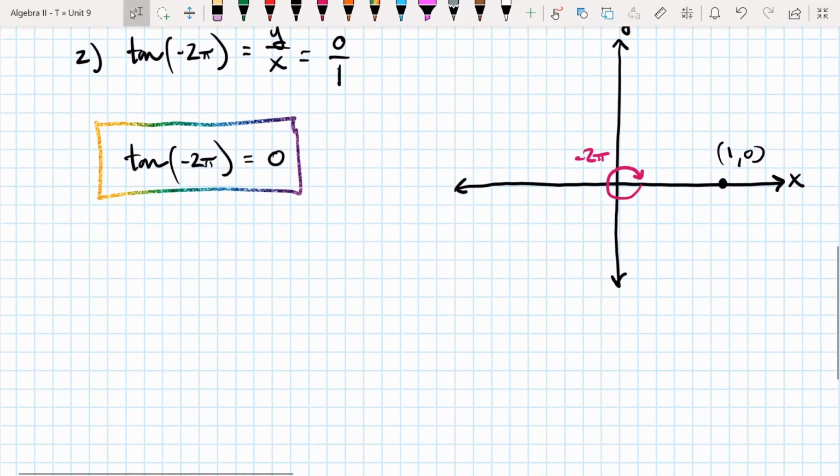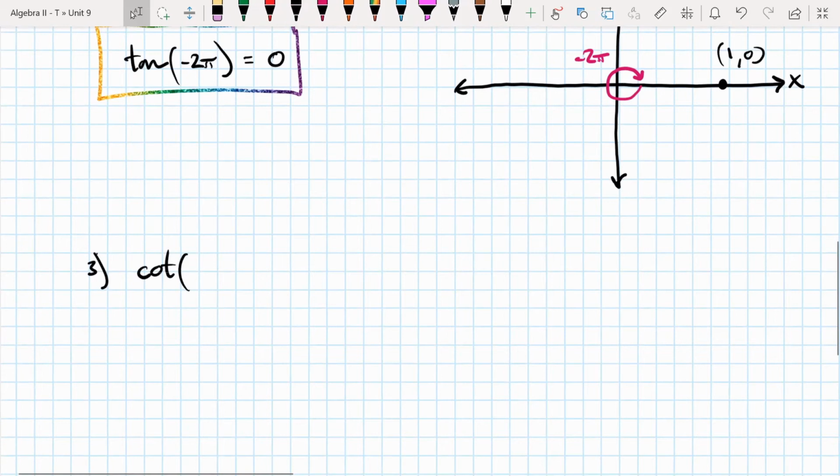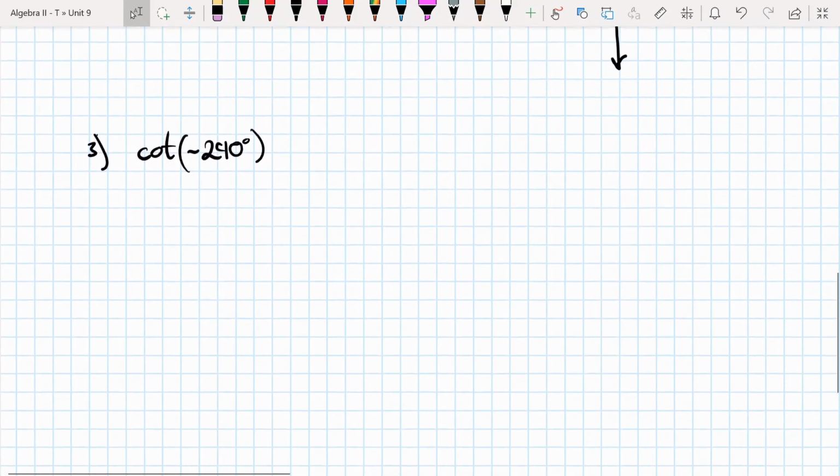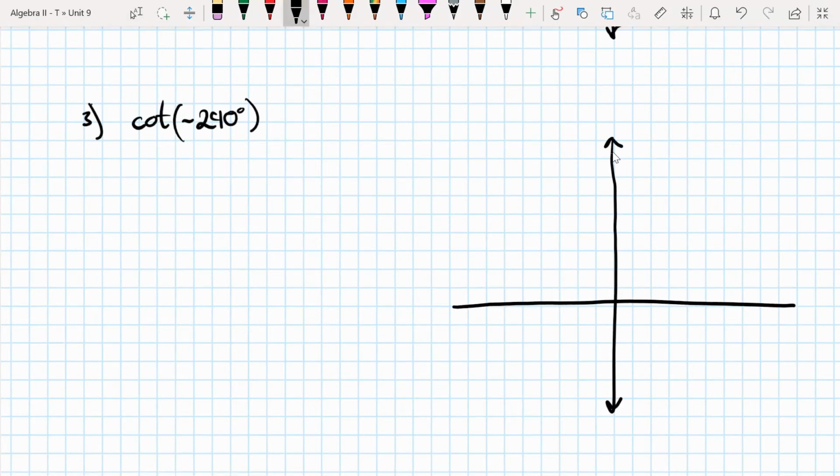All right, number 3, or letter C, I should say. Cotangent of negative 240 degrees. So this one's in degrees, which is a little bit nicer, I think, especially if you're less than one rotation around the unit circle. So negative 240 means that we're going to be going clockwise.